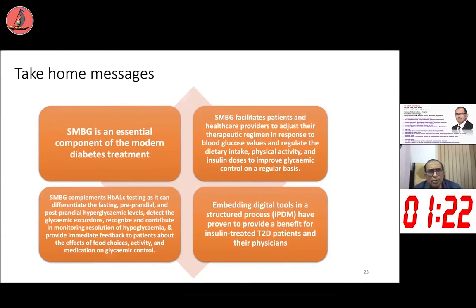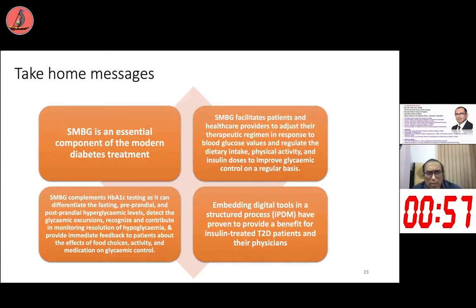SMBG facilitates patients and healthcare providers to adjust their therapeutic regimens in response to blood glucose values, and regulate the dietary intake, physical activity, and insulin doses to provide improved glycemic control on a regular basis. Embedding these SMBG values into a digital platform like the IPDM has proven to provide a benefit to insulin treated patients with type 2 diabetes and their physicians.